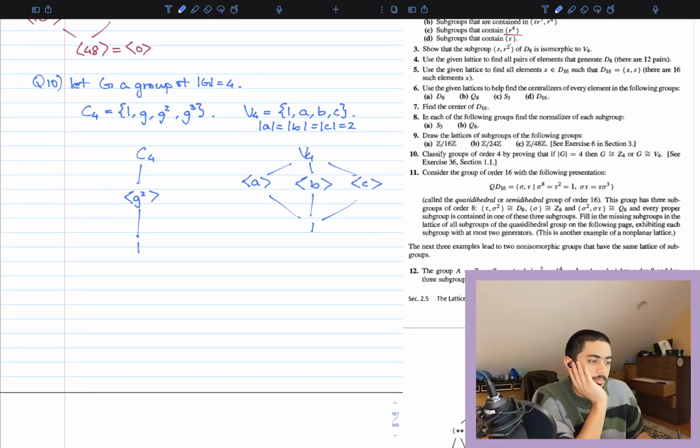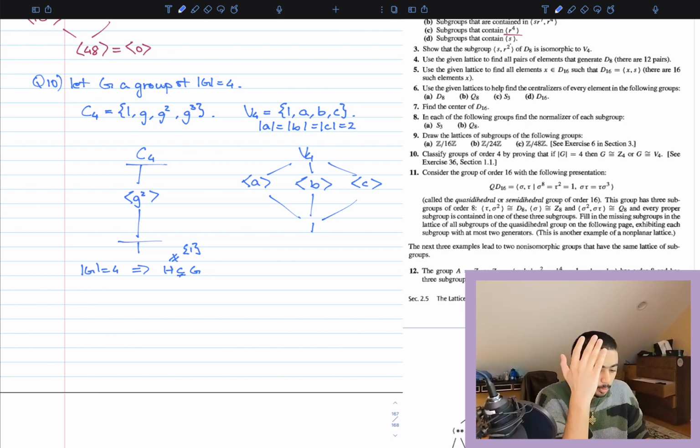So we know that the size of G is 4. So that means that if H is a subgroup of G, and let's say it's a proper subgroup such that H is itself not the identity group, which is to say that it's some group that shows up in between the topmost and bottommost layers of the lattice.